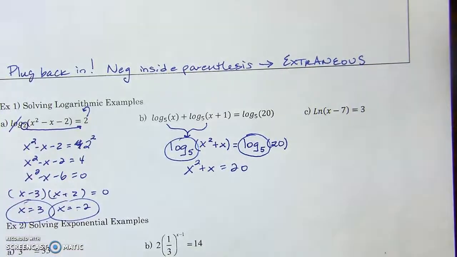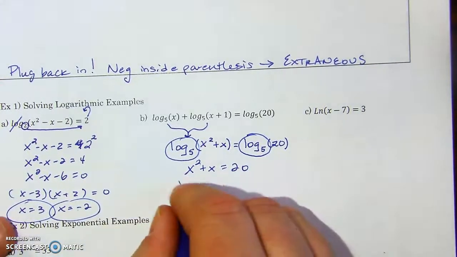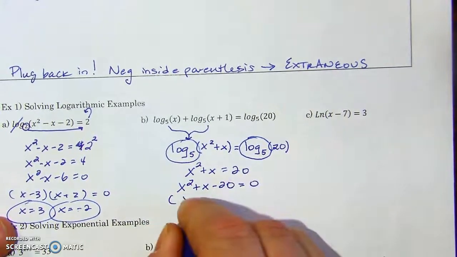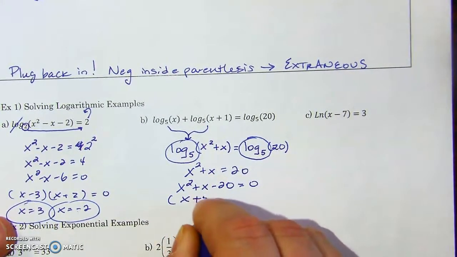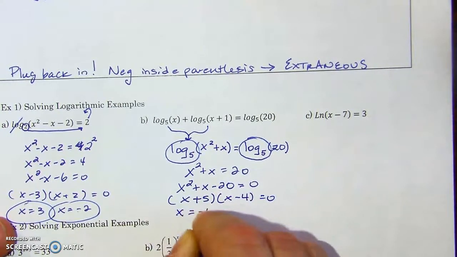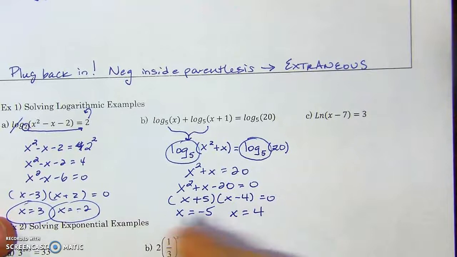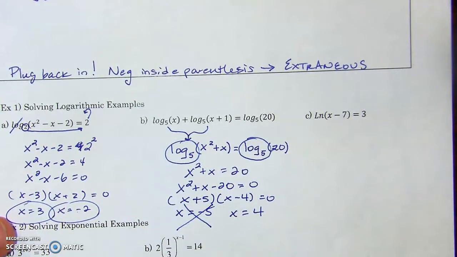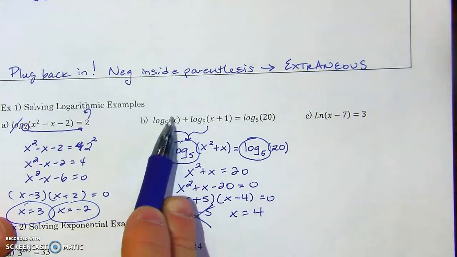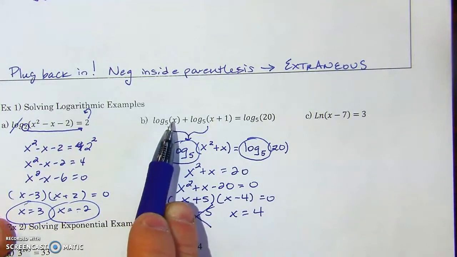Let's go ahead and solve here. I'd love to show you one where we do end up getting extraneous solutions. We factor here, and we get 2 solutions, negative 5 and positive 4. However, this negative 5 is extraneous. Why? Plug that in there. Log base anything of a negative number is impossible.